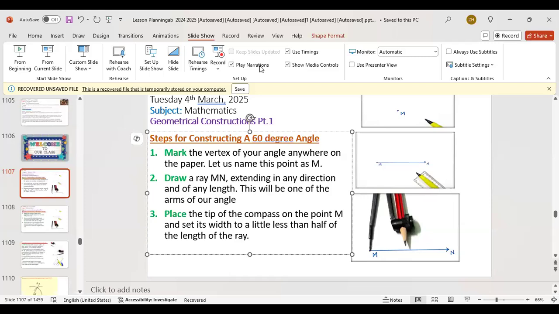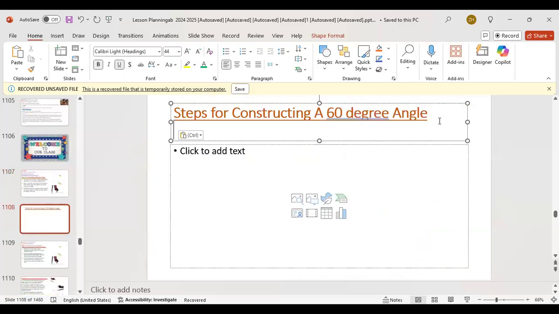Let's go to the last one. Remember, what are we trying to construct? What are you trying to make? A 60-degree angle. When I was about your age, and I learned that we could make a 60-degree angle, I was like, whoa, how is that even possible?